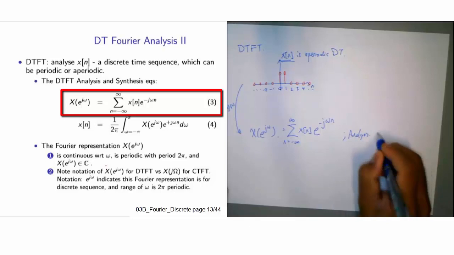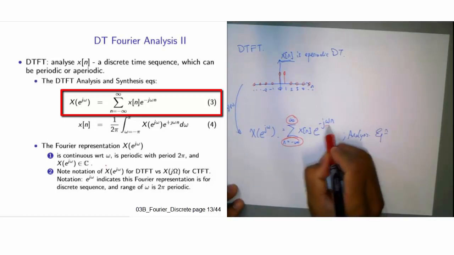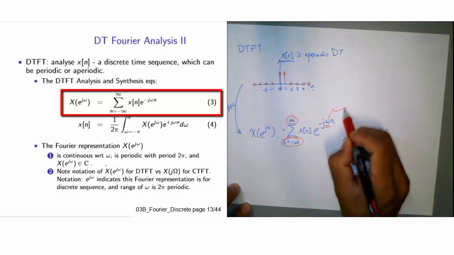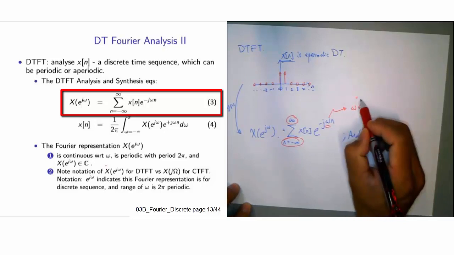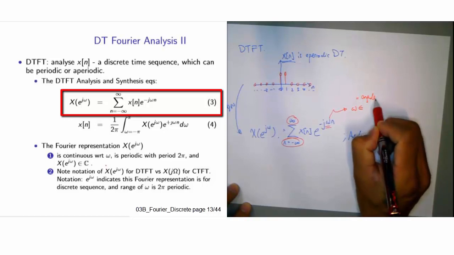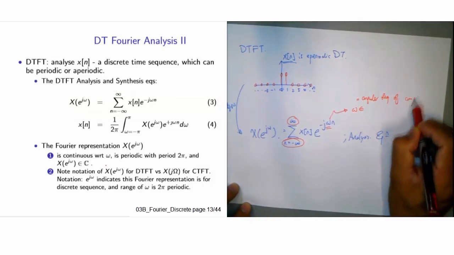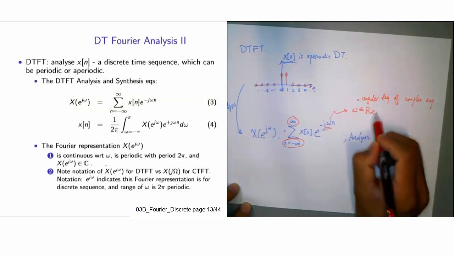And it looks very complicated, because in your mind, you have to do this. Not only that, you have to do this. You have to deal with this. And what is omega? Omega is the angular frequency of the complex exponential, and omega is real.